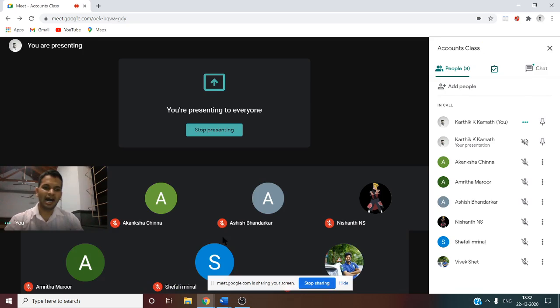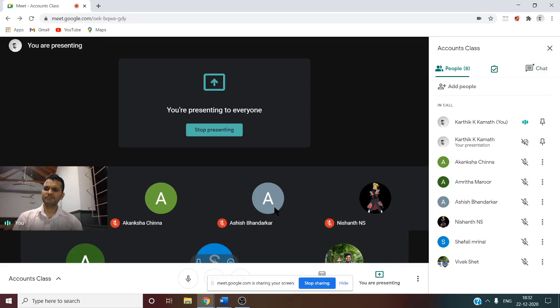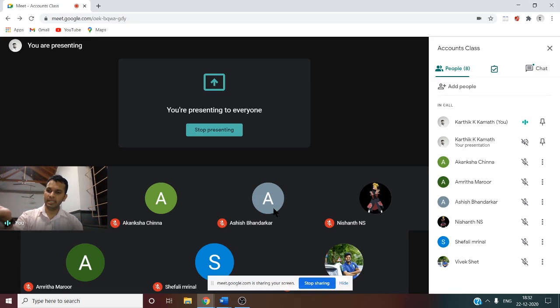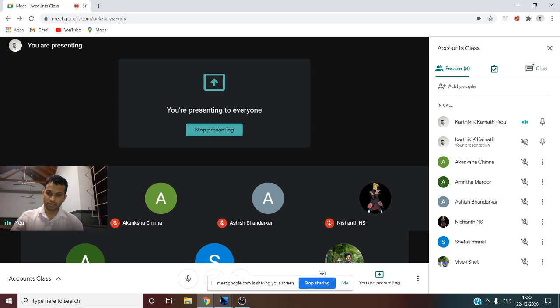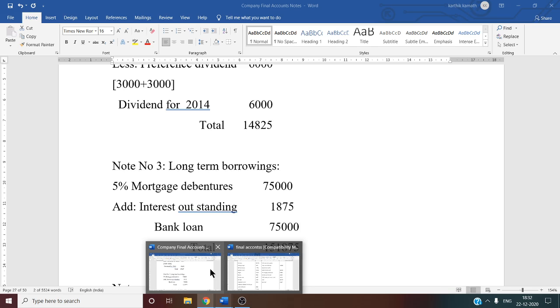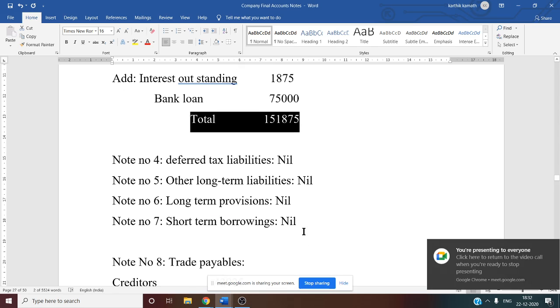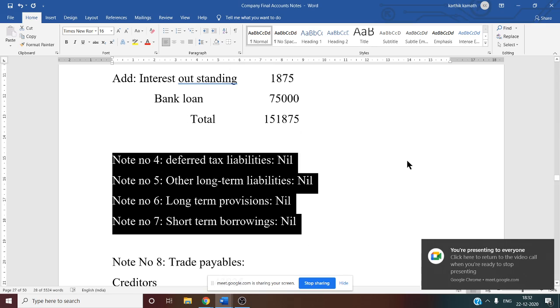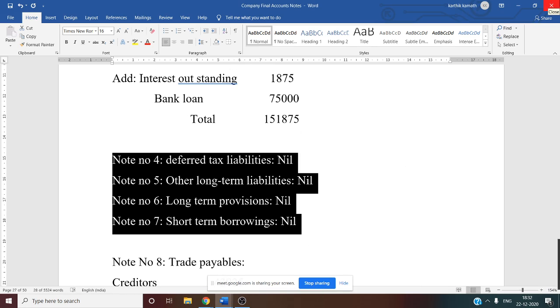Now after this, note numbers 4, 5, 6, 7 usually will be nil in the problem. Why? Because no information regarding that is given in the question. So now let us see whether it is nil or not. Note number 4 is deferred tax liability. Even though it is nil, you have to write that note heading and show it as nil.